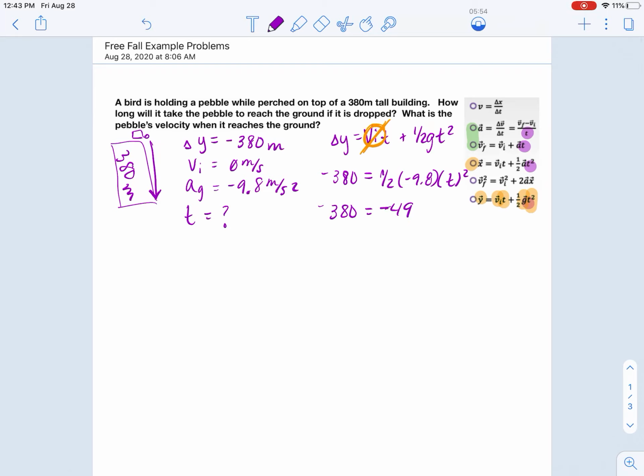And since I am multiplying this value times t squared, then I'm going to divide on both sides. So when I put this in my calculator, I should be typing in every single positive and negative.